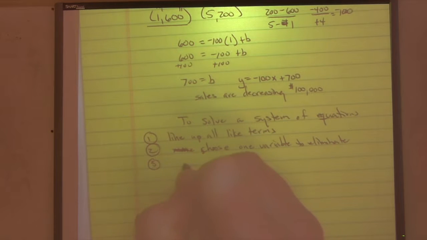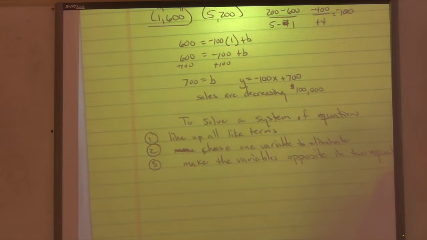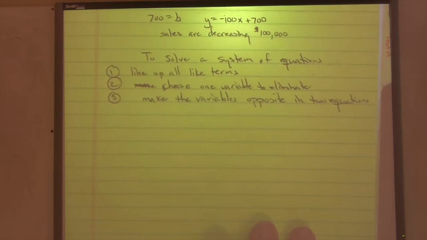The next thing we do is make the variables opposite in two equations. So we've got to get those equations down so that they're opposite each other.